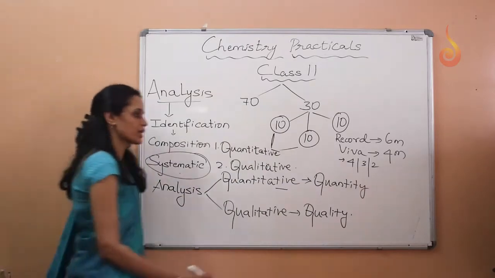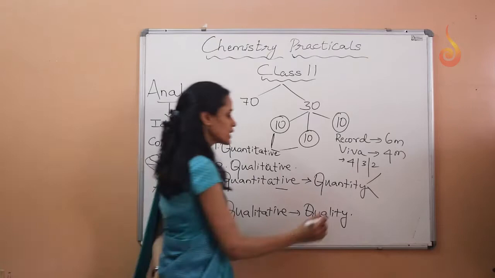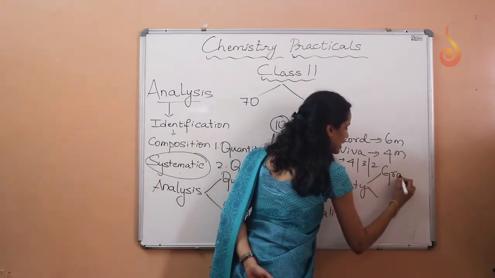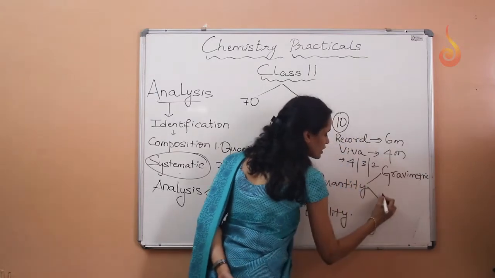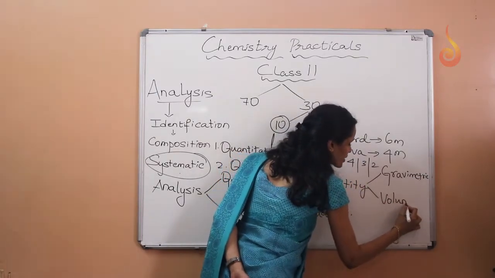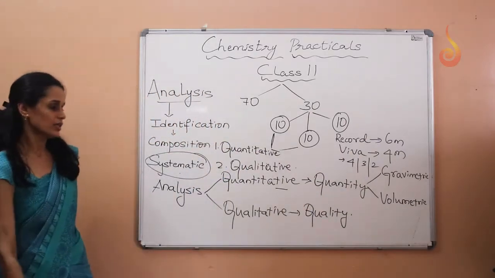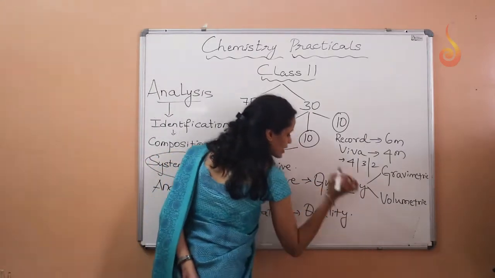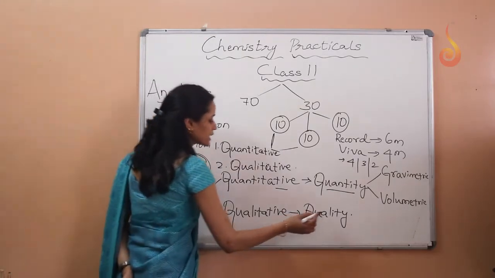Again, in quantitative analysis, we have 2 different types: gravimetric analysis and volumetric analysis. We'll study quantitative analysis in detail in later classes.